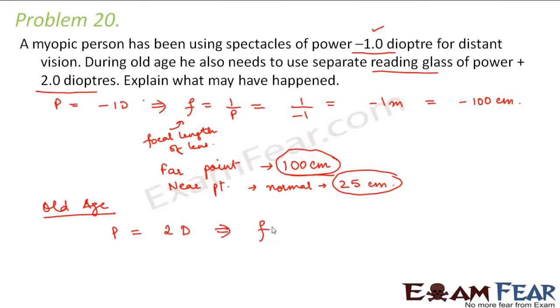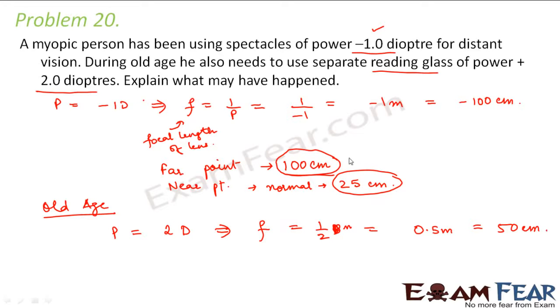That means in this case, the focal length was 1 by 2 diopters, that is 0.5 meters, which is equal to 50 centimeter. So now by using this lens, what was the advantage?